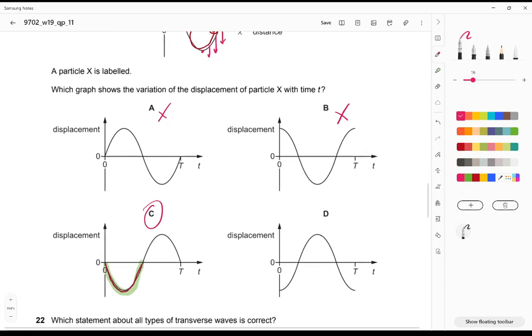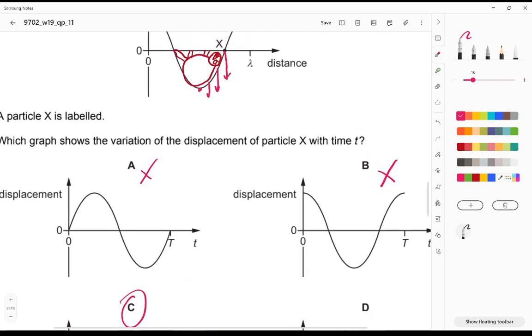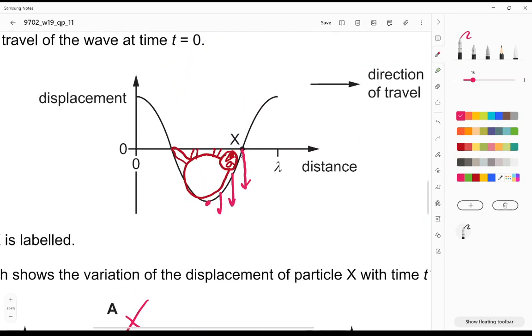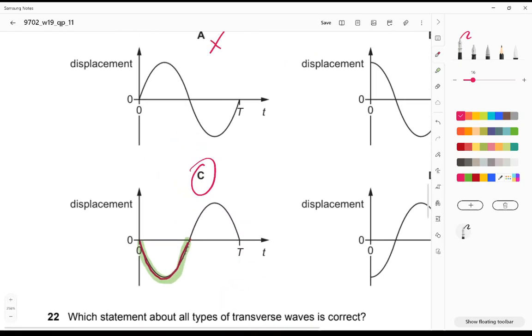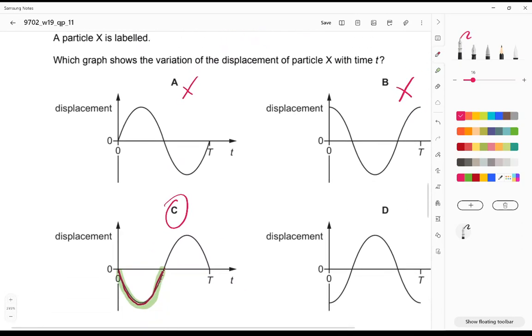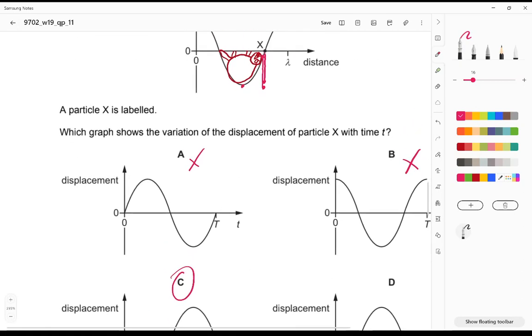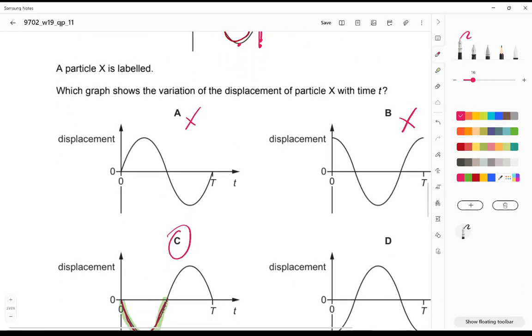Let's restudy this diagram once again. Initially, x is going to move down. X will tend to move down, stop at this position, and then go up. That is displayed over here. The displacement is initially negative, it remains negative for the entire movement, and then when another wave strikes it tends to go up.